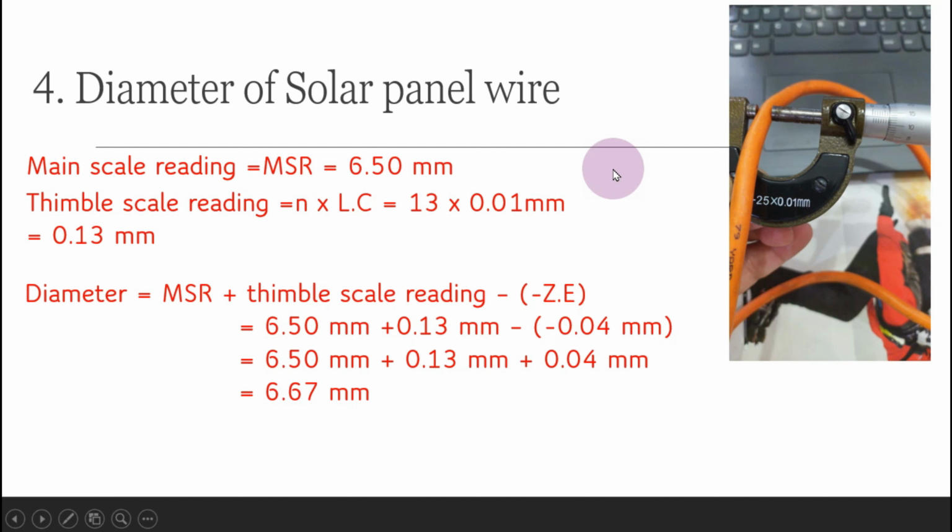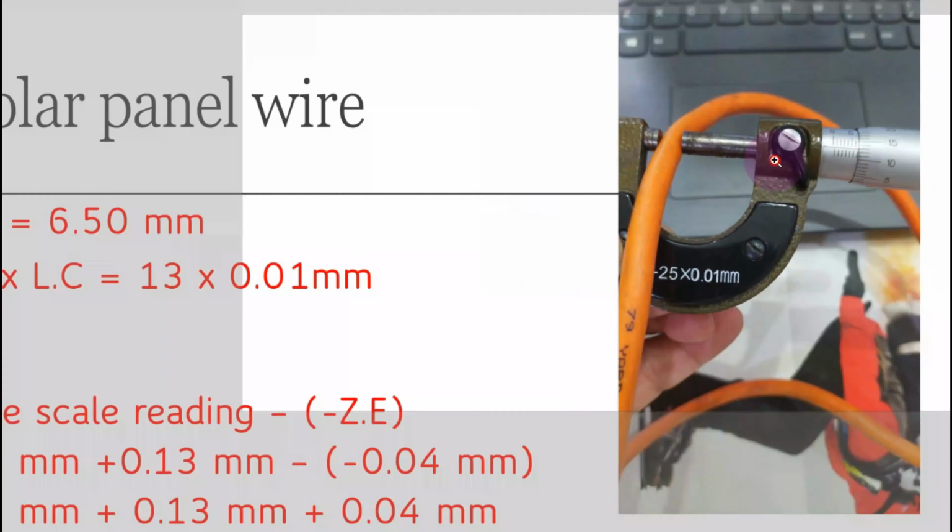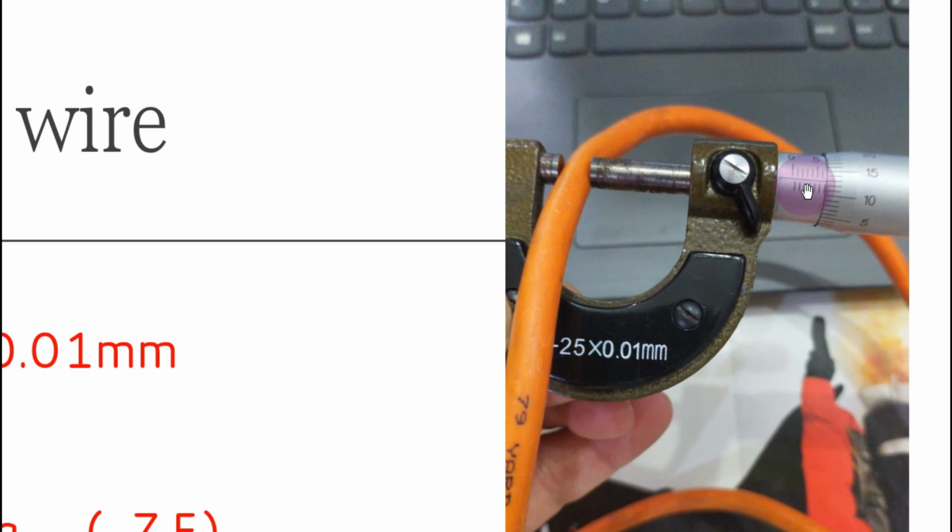Now for a further example, you want to find out the diameter of solar panel wire. Here is the solar panel wire, and let's read this, magnify the scales. So here the main scale shows this 5 is 5 millimeter, 6 millimeter, and this mark shows 6.5 millimeter. And on the thimble scale, the mark which coincides here, it is 10, then this is 11, it is 12, so it is 13.